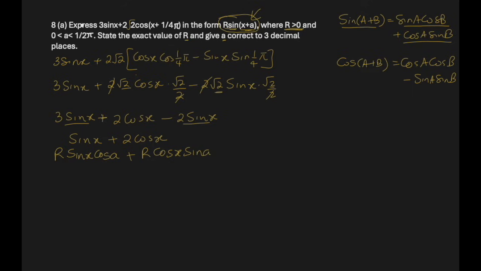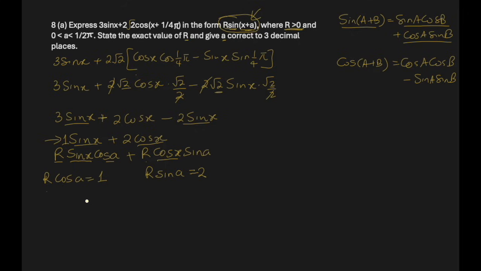This is the given simplified form, and this is what we want out of it. So see, sin x is here, sin x is here. There is nothing in front, so I can write 1. That means the remaining r cos a is 1. Similarly, cos x is here, cos x is here, that means the remaining r sin a is equal to 2. This one.